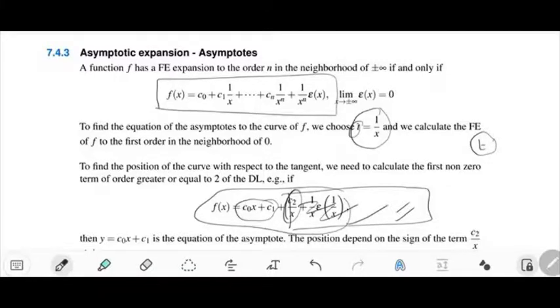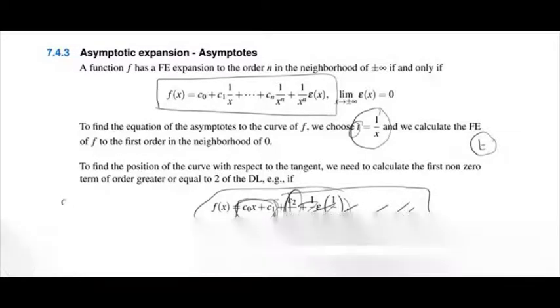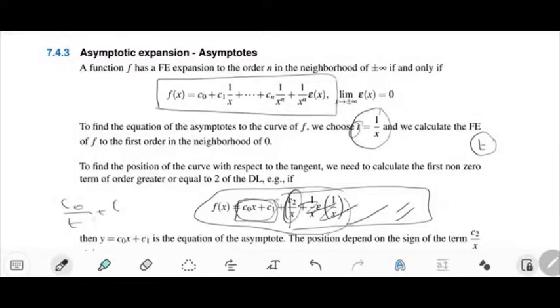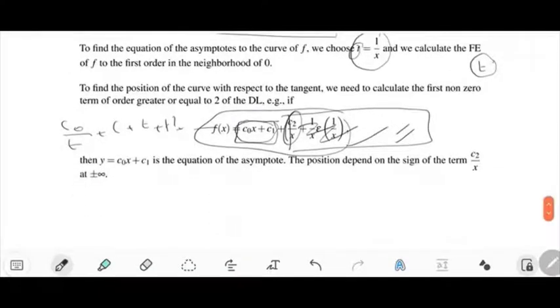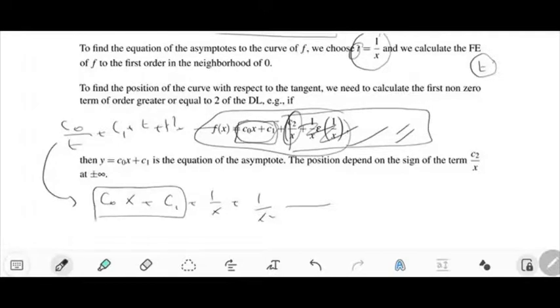So when you calculate the expansion to the order t, you will have something like c0 over t plus c1 plus t plus t squared plus etc. So when you replace by x, this will be c0x plus c1 plus 1 over x plus 1 over x2, etc.